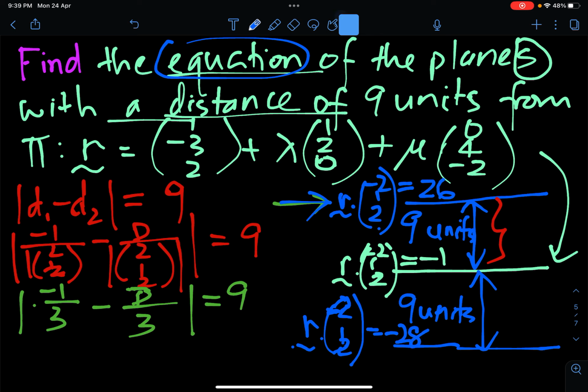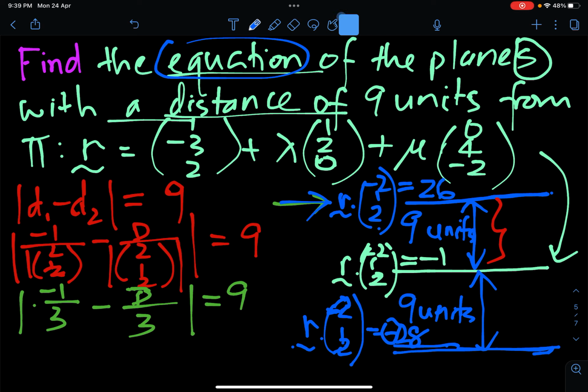This means the origin is actually between the two planes, because one has a negative sign, which means it's below the origin. This lower plane is below the origin, whereas the upper plane is above the origin.